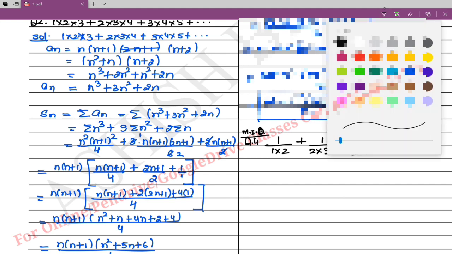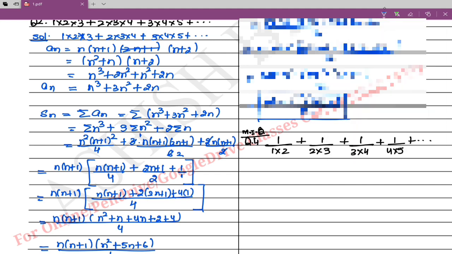So if I ask you the pattern, you can easily take the pattern and say that an would be equal to 1 upon n into n plus 1, because in the first question the pattern was the same, but the only difference is the terms are in reciprocal, that means in denominator now.